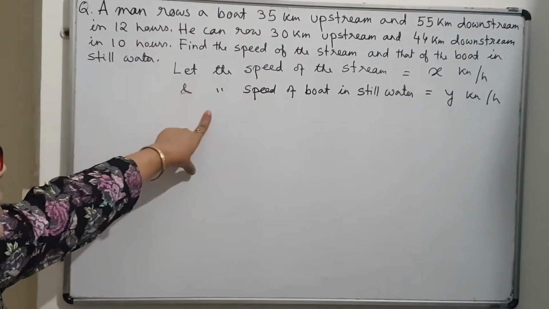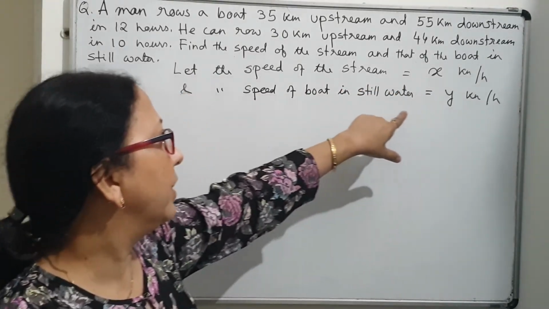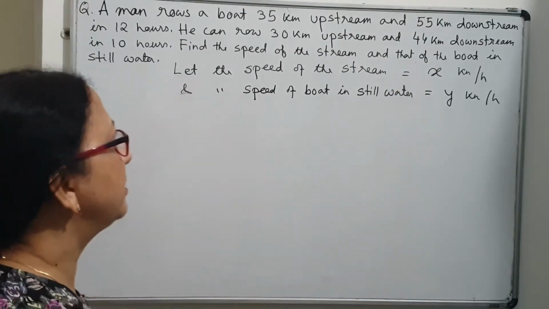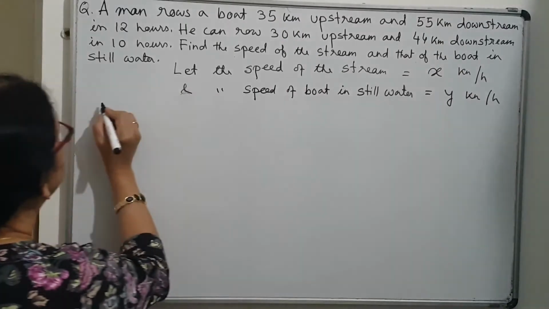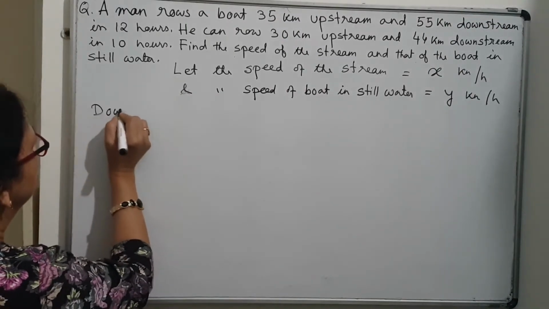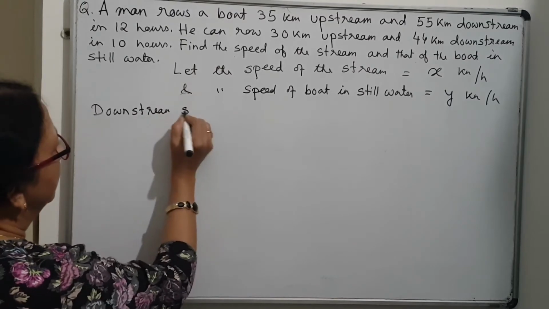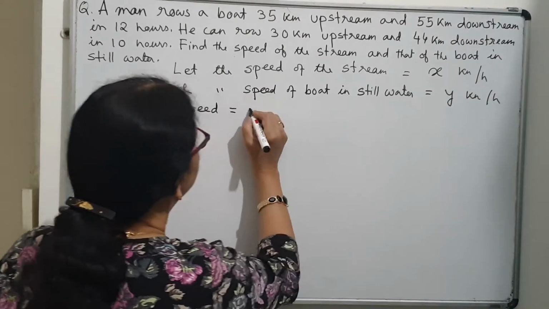So first of all, when I know the speed of the stream and the speed of the boat in still water, we can write the expressions for upstream speed and downstream speed. Downstream speed will be the sum of these two. That is very easy.